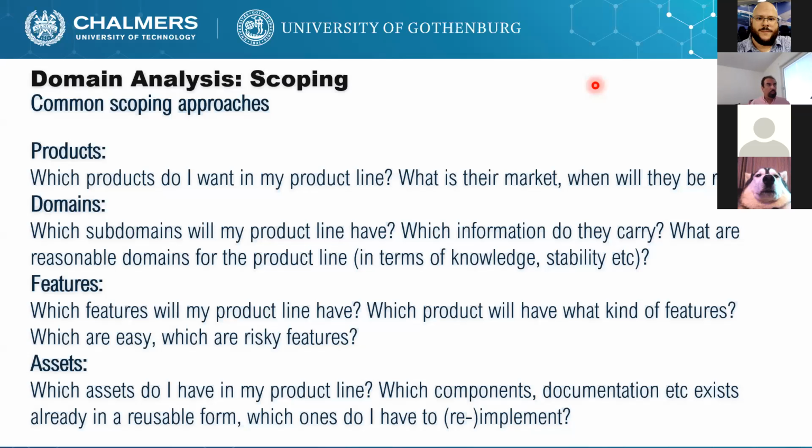Feature modeling comes after domain modeling. You know your domain now. You start focusing on the features. Which features will be used in the product line, and which product will have what kind of features.